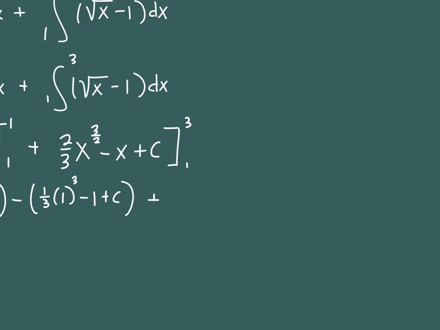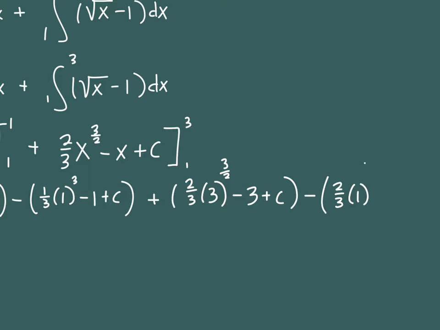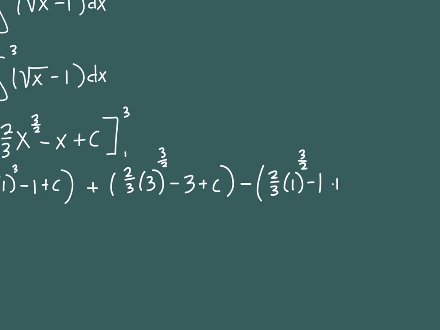And then I'll also have 2/3 of 3 to the 3/2 minus 3 plus c minus 2/3 of 1 to the 3/2 minus 1 plus c.